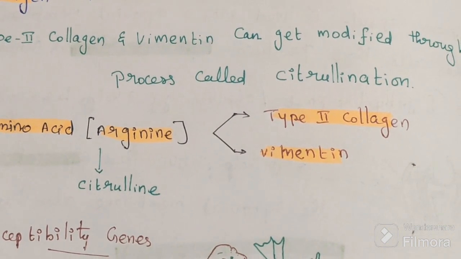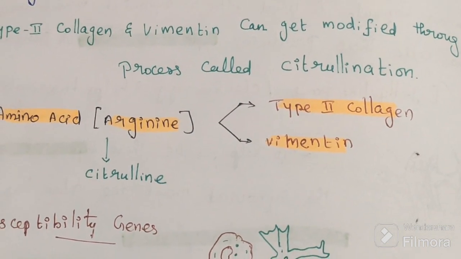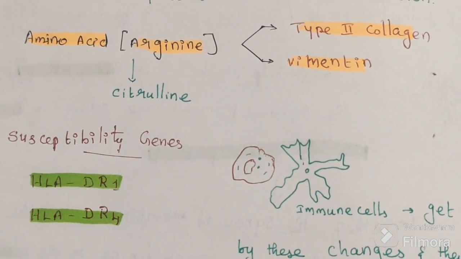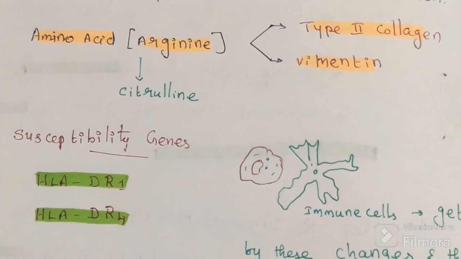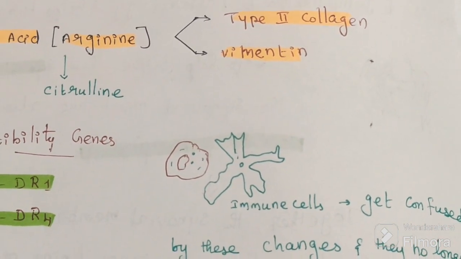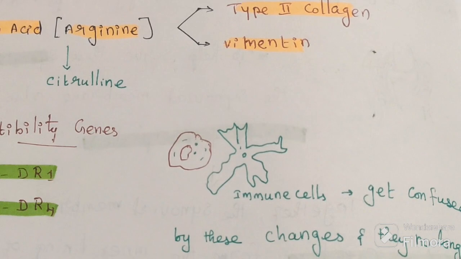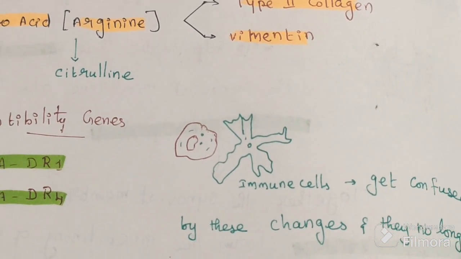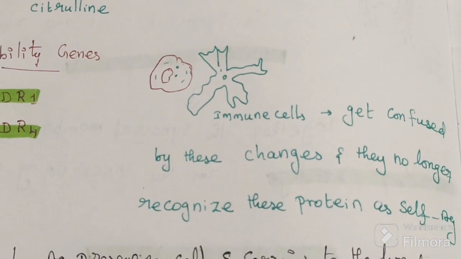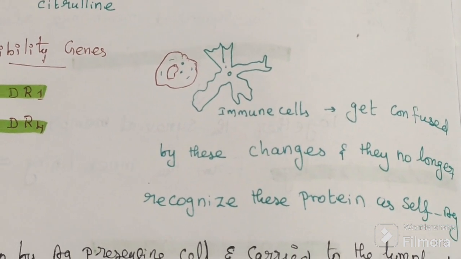Meanwhile, due to the susceptibility genes HLA-DR1 and HLA-DR4, immune cells sometimes are not clever enough, so they get confused by the changes and no longer recognize the proteins as self antigen.